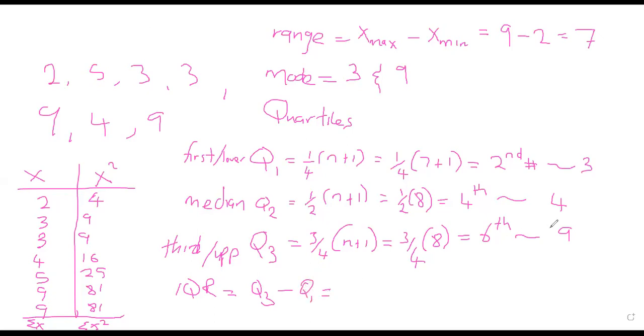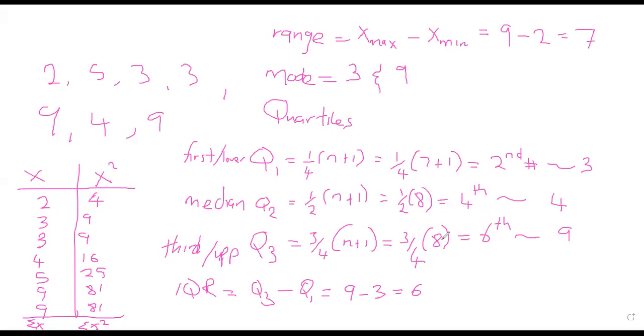So what is our third quartile here? 9. And the lower quartile, or the first quartile, is 3. So 9 minus 3 is 6.